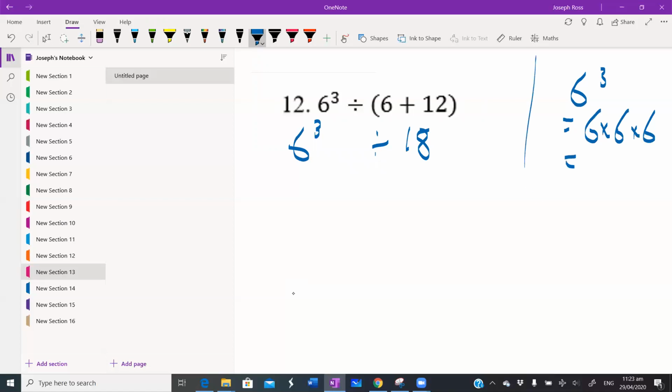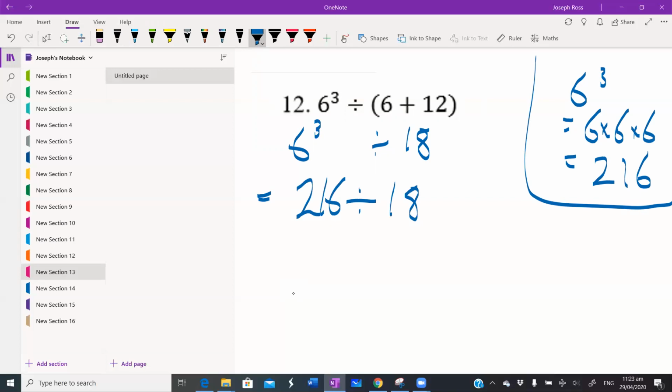If we work that out, 6 times 6 is 36, then 36 times 6 is 216. So we get 216 divided by 18, which is 12.